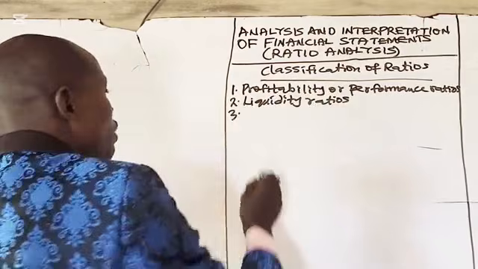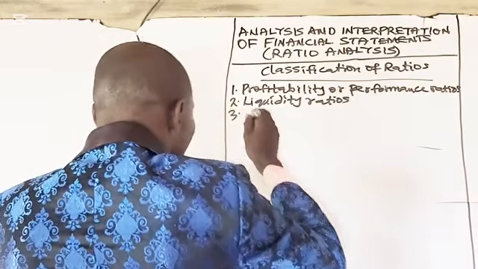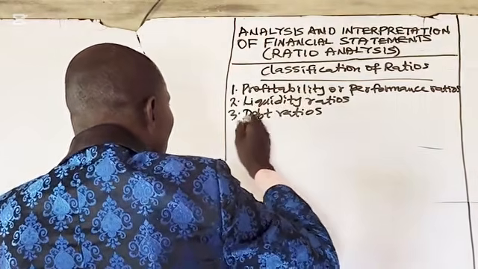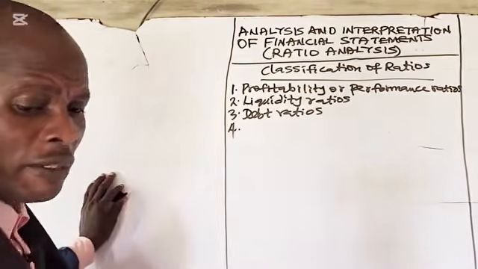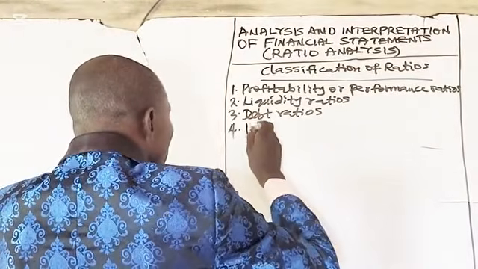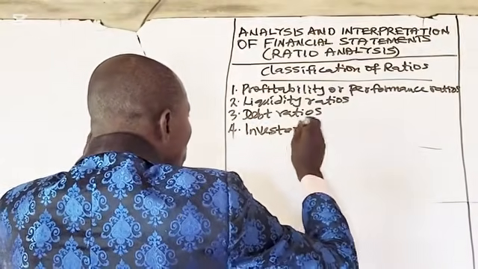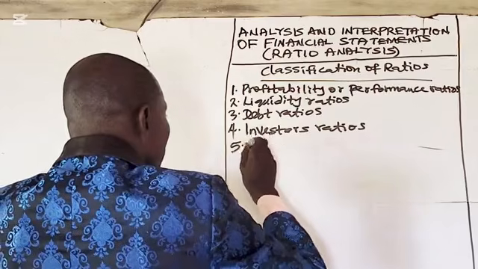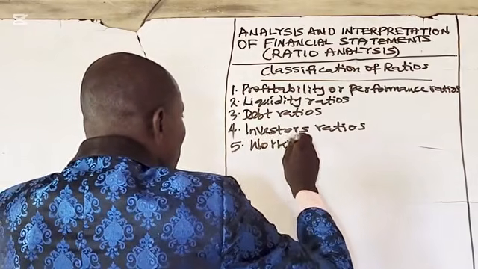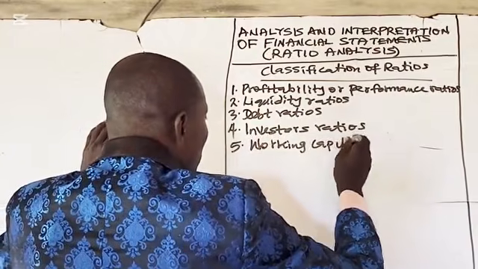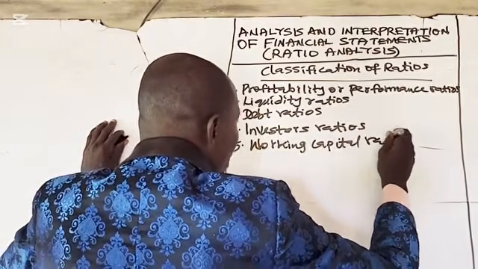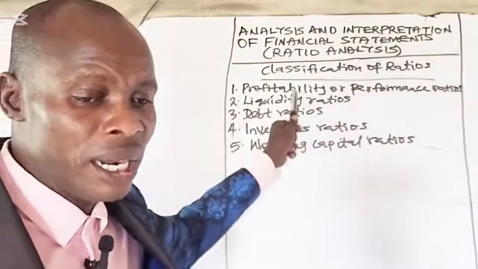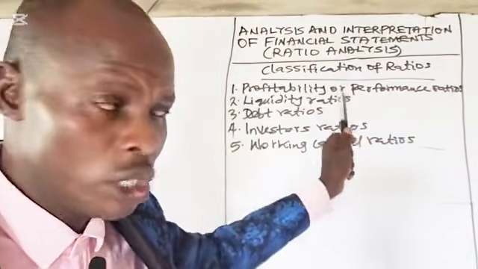And the third one, we have debt ratios. The fourth one, we have investors ratios. And the fifth one, we have working capital ratios. For our purpose, we shall start with the profitability or performance ratios.